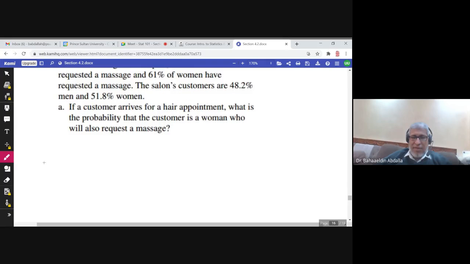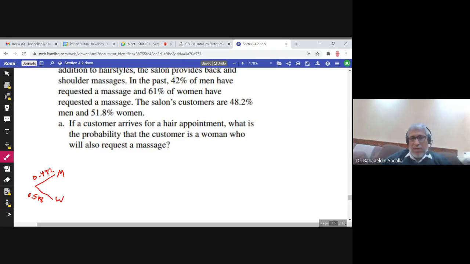So the customers are divided into two, men or women. Probability of men, 0.482. Probability of women, 0.518. So these are the customers of the salon, either men or women. If you add these two probabilities, you should get 1.